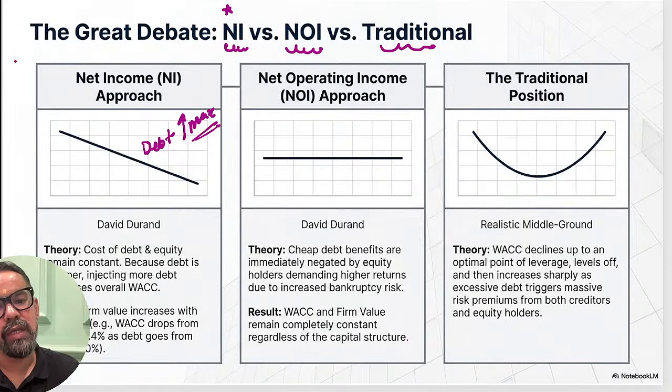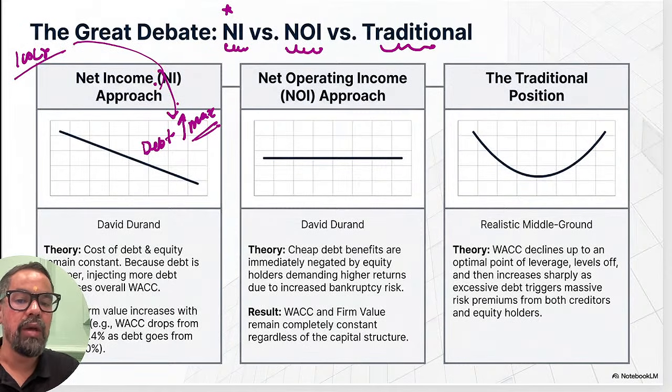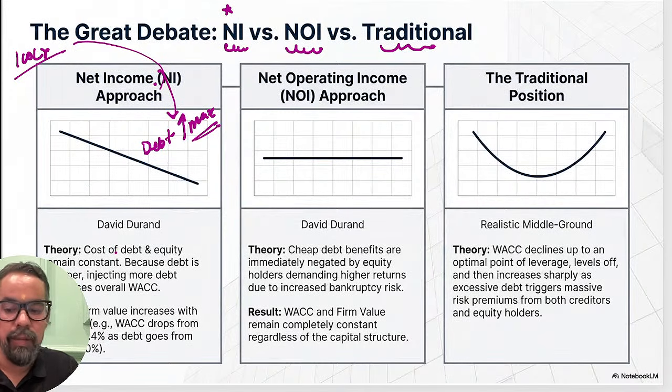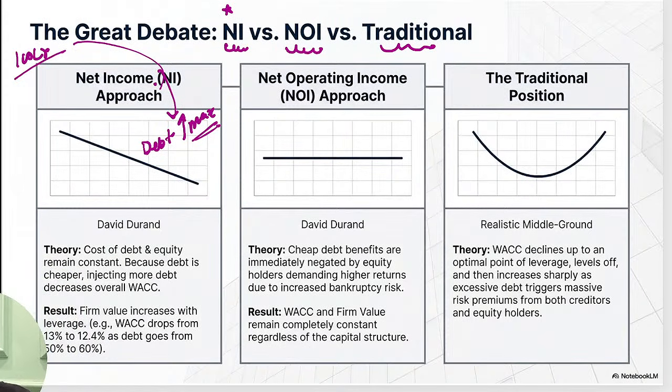Let's say if you have raised 100 crore rupees, then the maximum should be debt. This is the idea behind this particular approach. What this theory believes is that the cost of debt and cost of equity remain constant. So because debt is cheaper, injecting more debt will decrease the weighted average cost of capital.